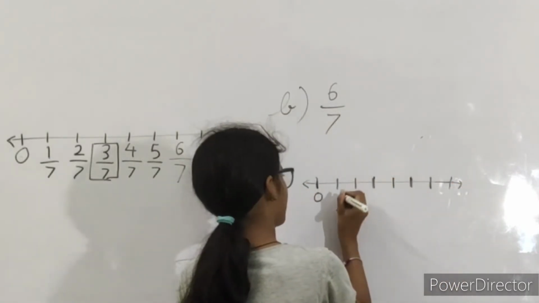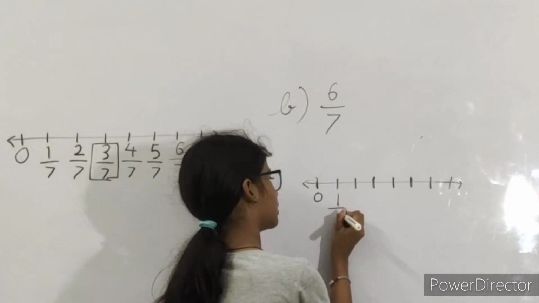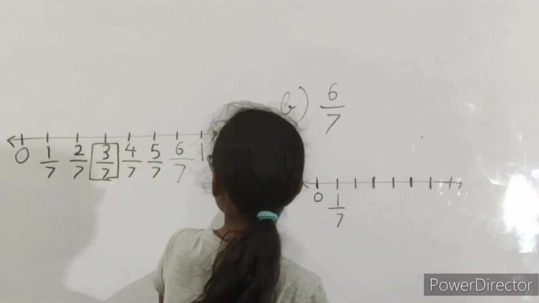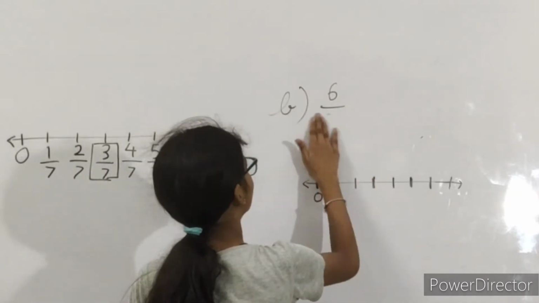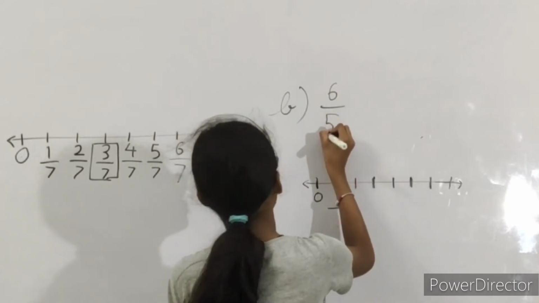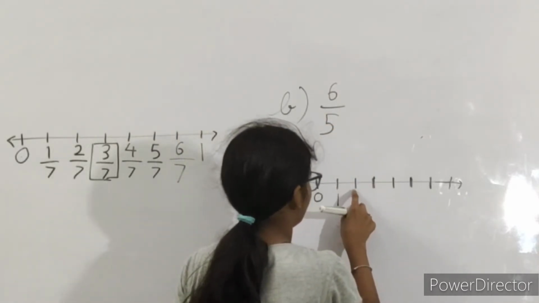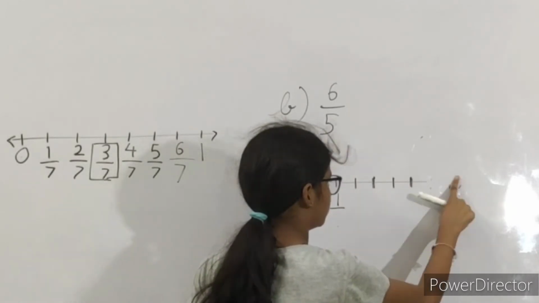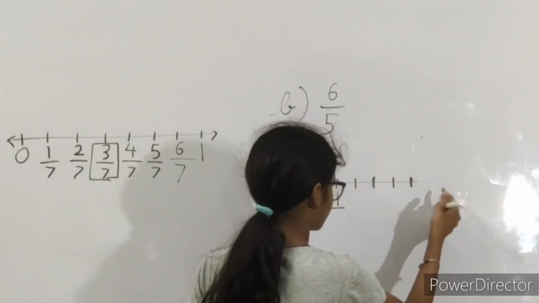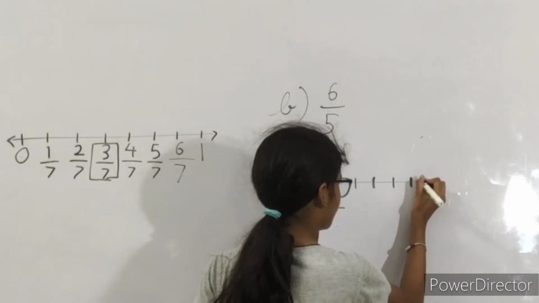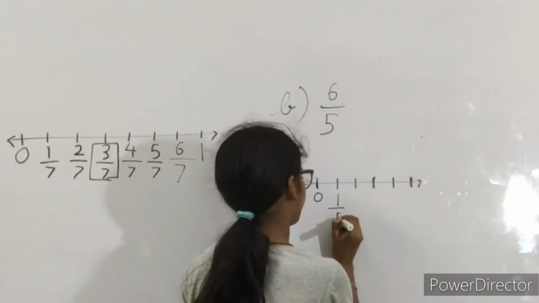So 0, then 1 upon 7. It's 7. I was about to take 5, because there also I have taken 7, right? That's why. See, 1, 2, 3, 4, 5. Then this. 1 upon 5.